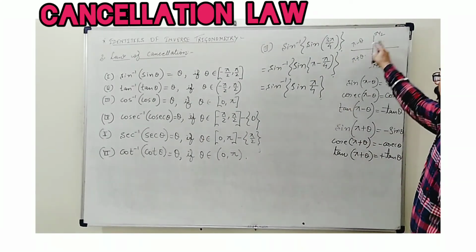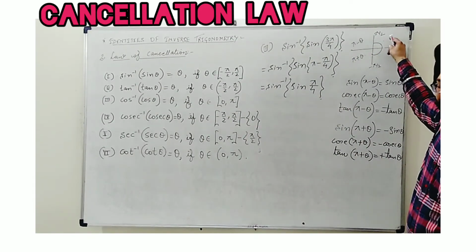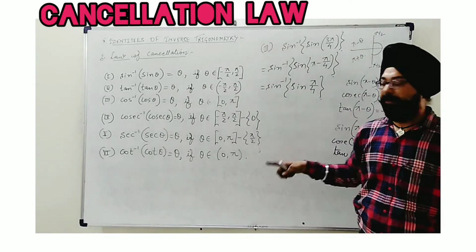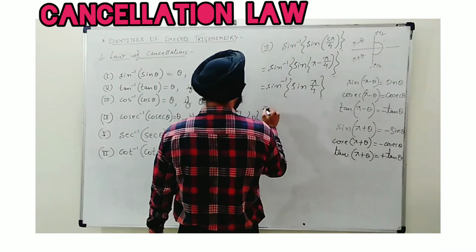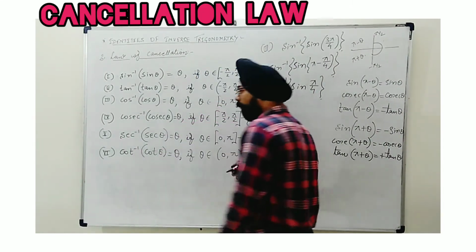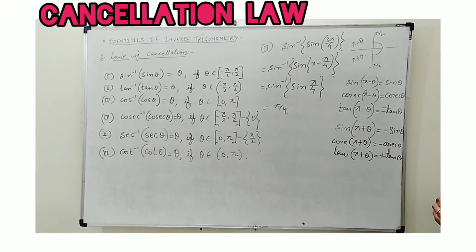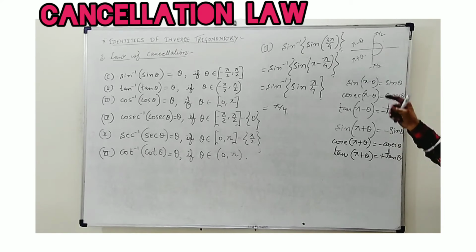Now you see pi by 4 is a value from first quadrant, and yes, this belongs to the principal branch. So cancellation law can be applied and we get the answer as pi by 4. Okay. So I hope this is understood to you. Some other value also can be taken. In all those cases, we will apply the same concept.